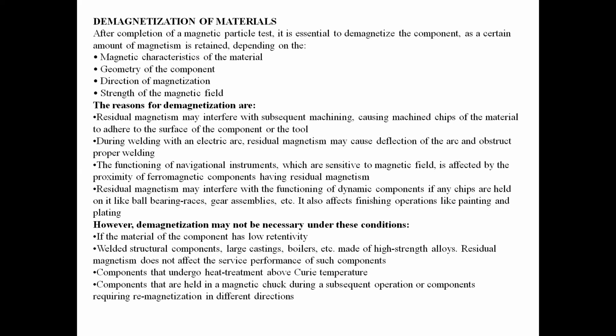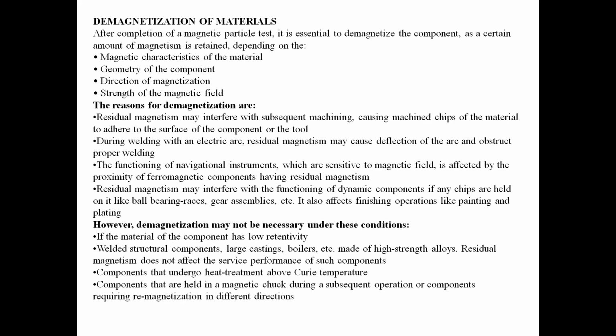And the third reason: suppose the component which is tested under magnetic particle testing is used for navigational purposes. In navigation we have to find the direction: which is north, which is south, which is east, which is west. This can be found by using a compass, because we can't find the direction at sea otherwise.